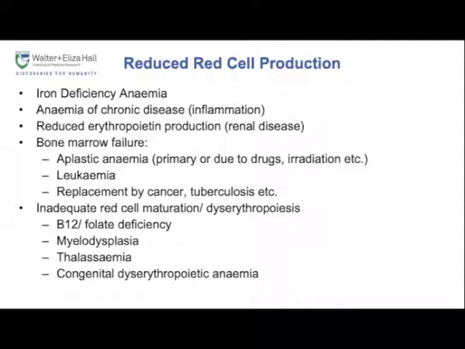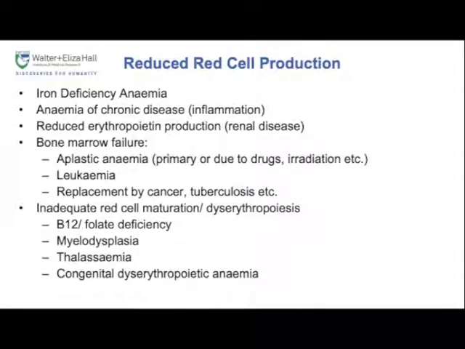It can also be that you have your bone marrow replaced by particularly a malignant clone, so for example, in cases of leukemia, or it can be because of replacement by other types of cell or organisms that shouldn't be there. Two classics would be replacement by other cancers, so metastatic cancer, or infections such as tuberculosis.